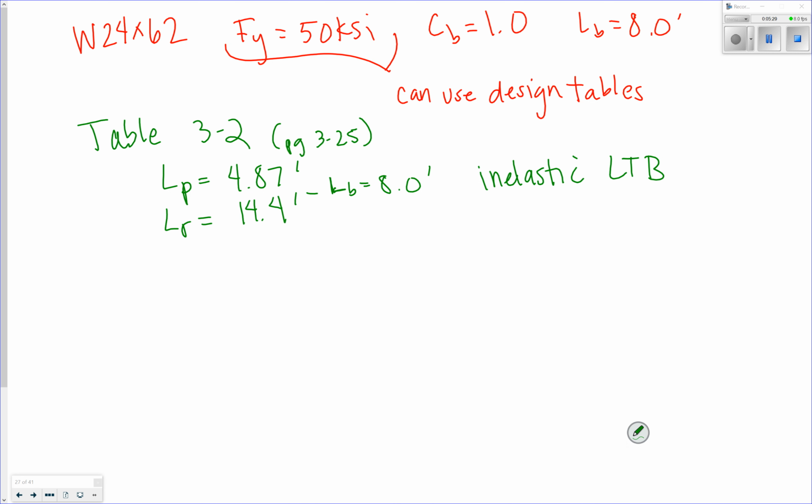That is the mode of failure. The limit state, that's the word I'm looking for. So I get to use that equation that I used before.